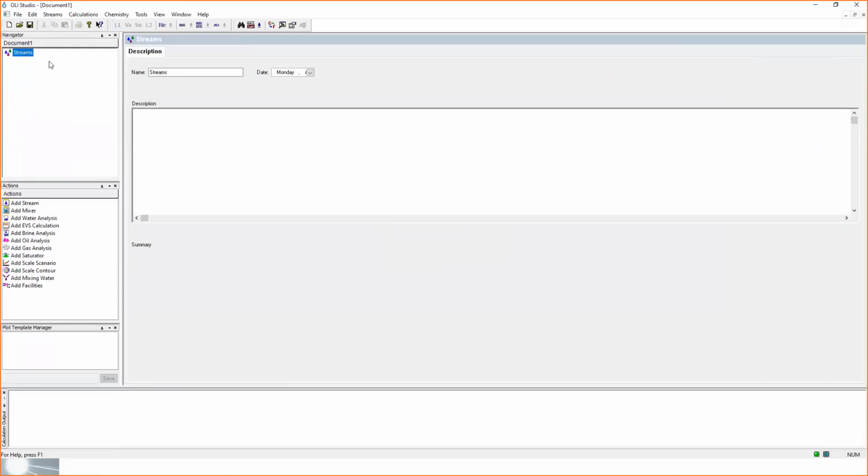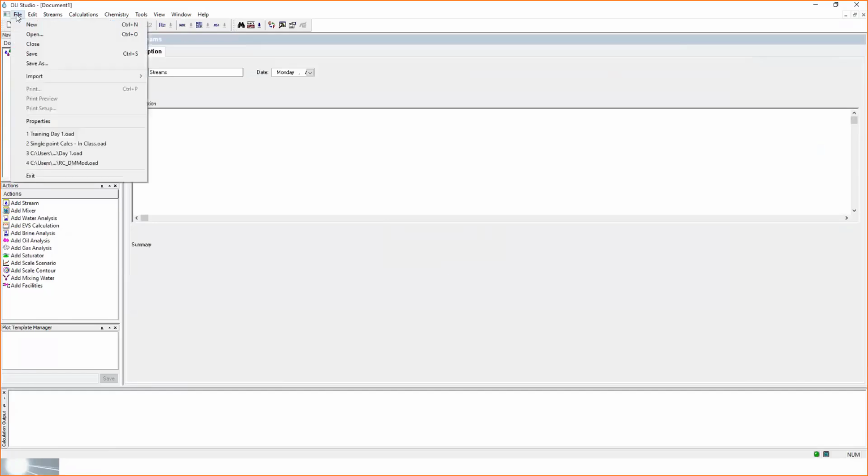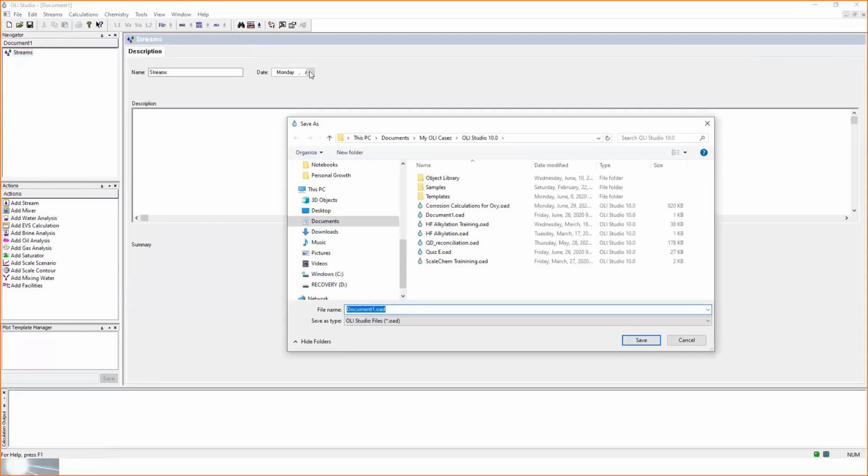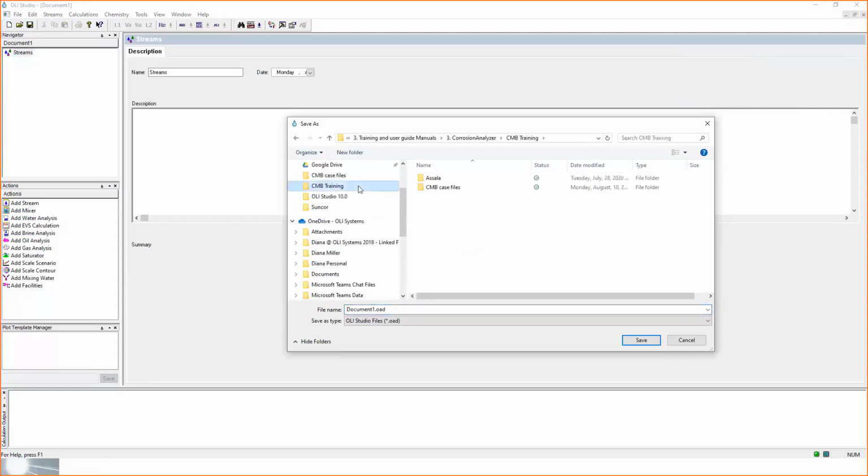So what we're going to do is first go to File and let's save this document. Save as. We're going to start saving our simulations. Create a file and save our simulations. I'm going to find my specific folder and let's name this. What would be training?